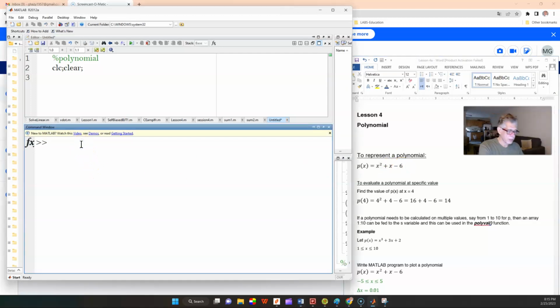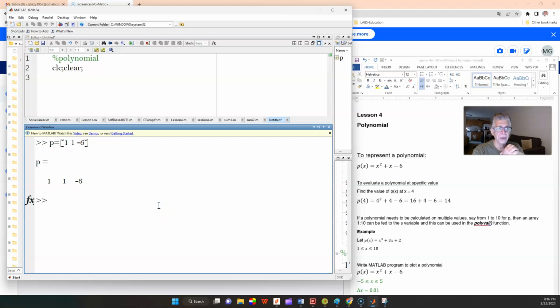So we can write p, we don't write p of x, p equals square bracket, and then the first coefficient is 1, the second is 1, and the constant term is -6. That will be the representation of a polynomial. If you hit enter, then you get 1, 1, -6, which are the coefficients of the polynomial.